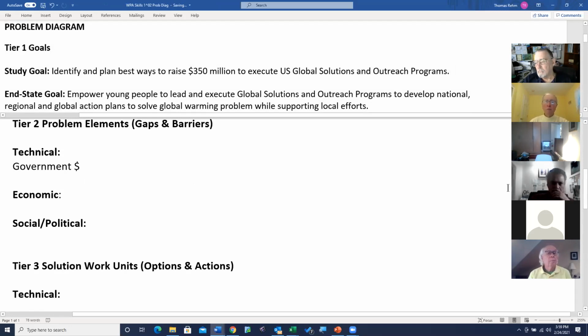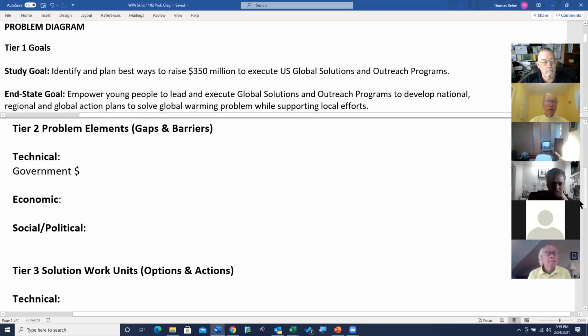We figure that's a way that we can organize this effort amongst all of you that are taking the course. So I just put down government dollars as an example of one source that we would probably want to go after or consider to raise this money.